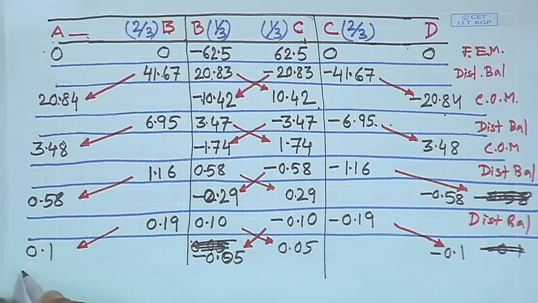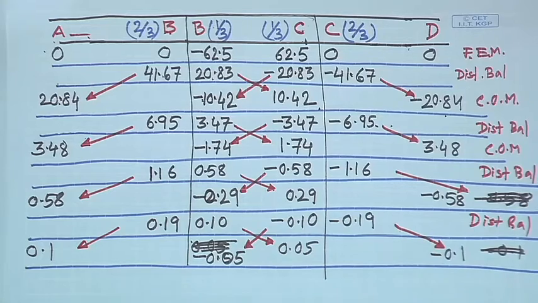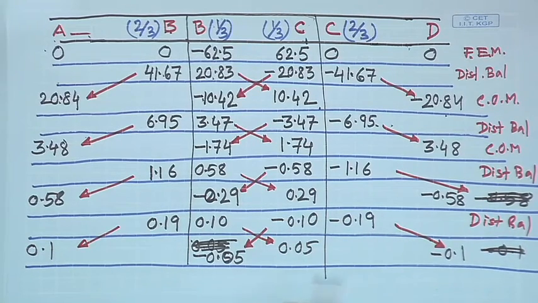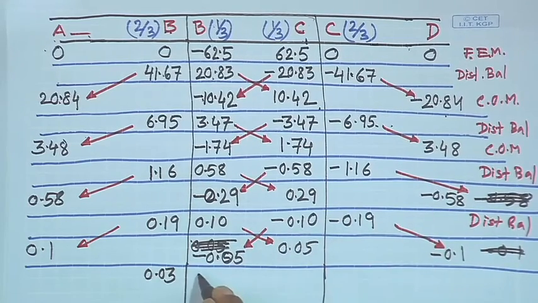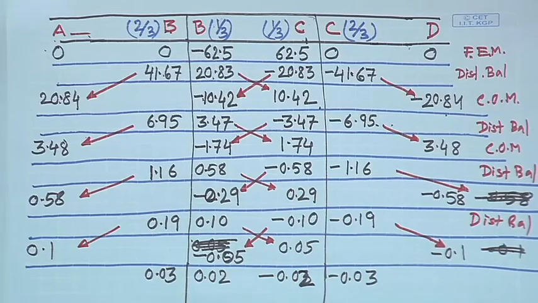Now again check the status. So again we have a minus 0.05 unbalanced moment, apply a 0.05 balancing moment, which will be distributed, and the corresponding distribution will be, here it is 0.03, here it is 0.02, minus 0.03, minus 0.02, and 0.003, and this is the distributed moment.